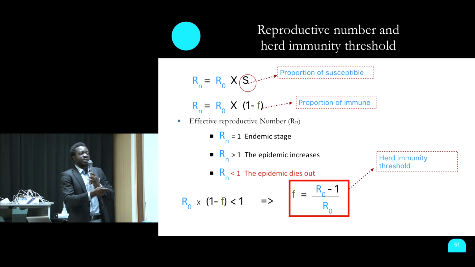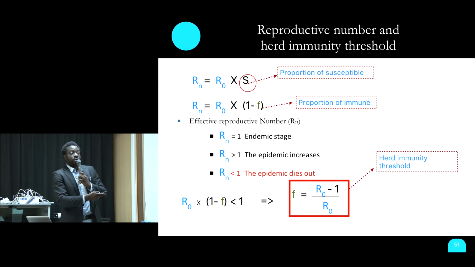Remember I said that the effective reproduction number is just the basic reproduction number multiplied by the proportion of those who are susceptible. And this proportion here can be written in another way. The proportion of susceptible is, because it's a proportion, the maximum is 1, it is 1 minus those who are immune in the community. So we have this formula here.